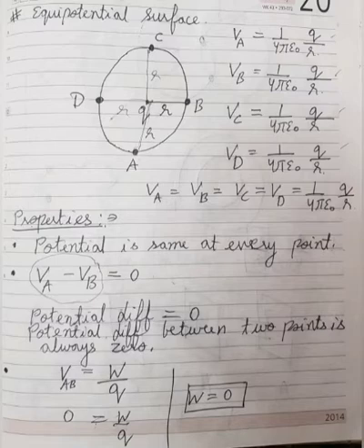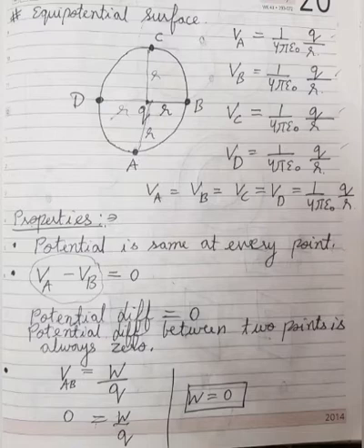Then when we calculate the potential at B, that is VB, it would be 1 upon 4 pi epsilon naught Q by R, because again the distance of B from the center is R. Then for point C, that is VC, again the potential would be 1 upon 4 pi epsilon naught Q by R, and similarly for point D the potential VD would be 1 upon 4 pi epsilon naught Q by R.